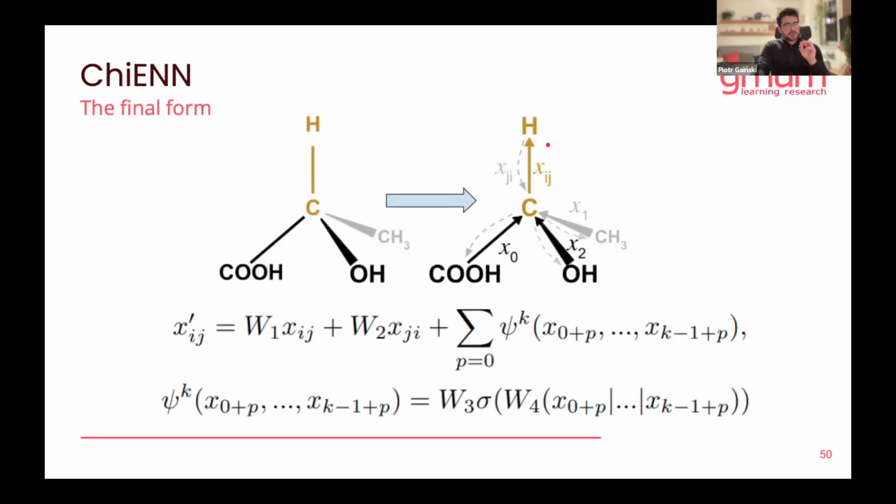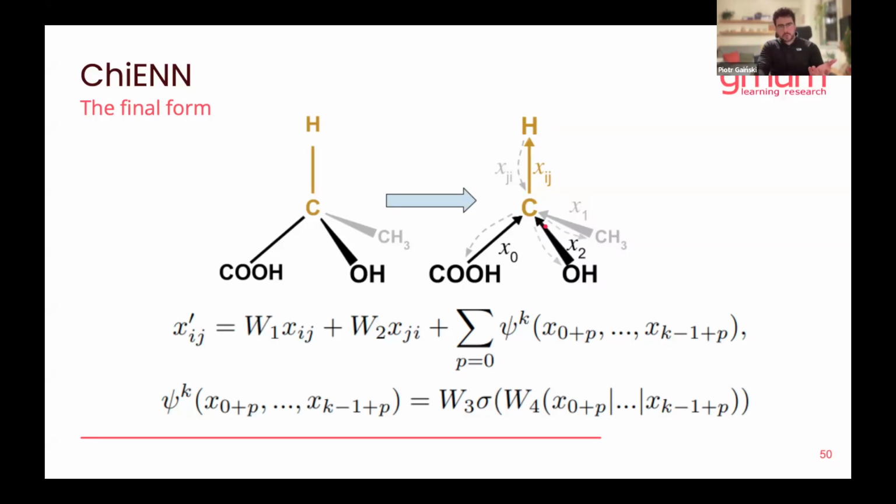Okay, and there's obviously a problem with that approach because some edges may be parallel to the central edge here. Yes, for example, the edge that comes from H to C, and it's not really clear how to put that edge into the order of these nodes that are projected to the plane perpendicular to that edge. So we can simply make a set of those parallel edges and somehow order them.